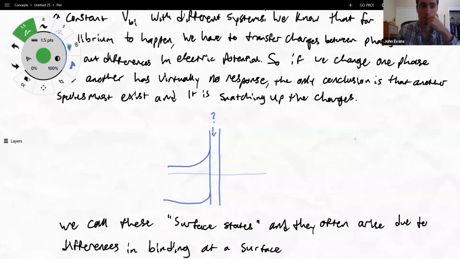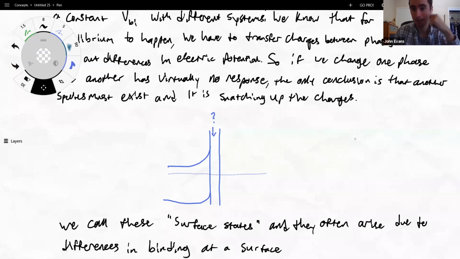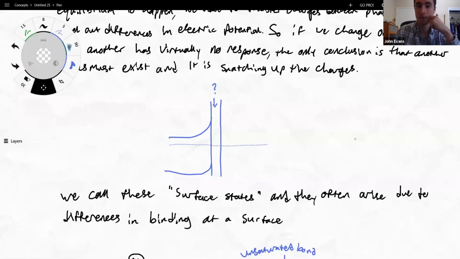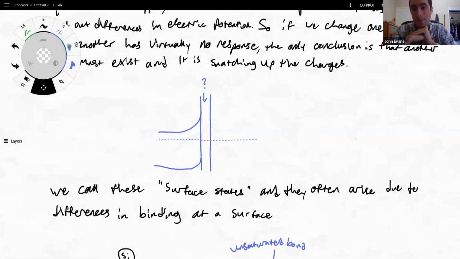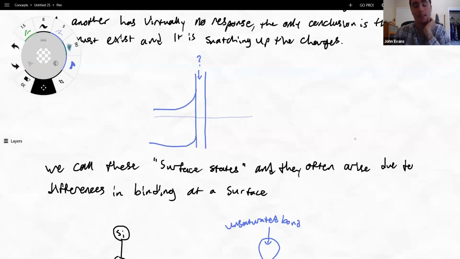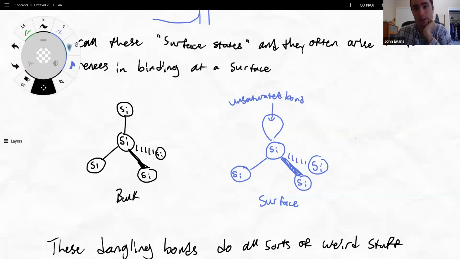So frequently, these are from surface states. So there are states that happen at the surface due to the fact that if you look at the surface of a semiconductor, it is not the same as the bulk, which might be a very intuitive thing. But really think about it.